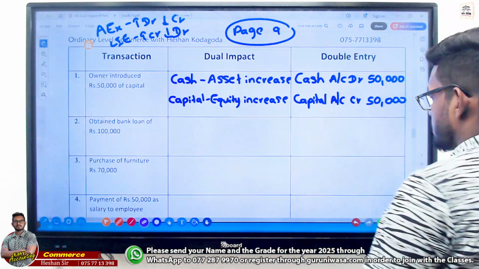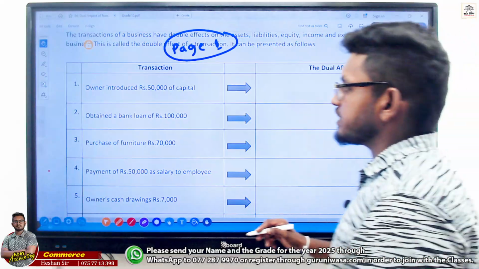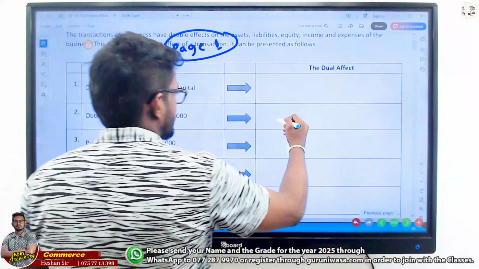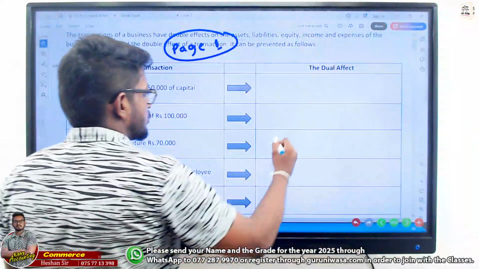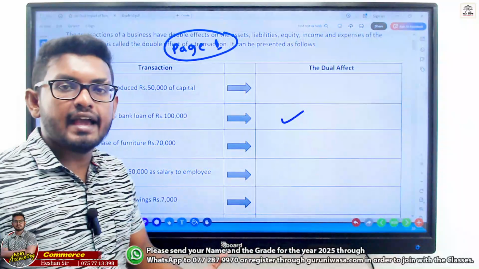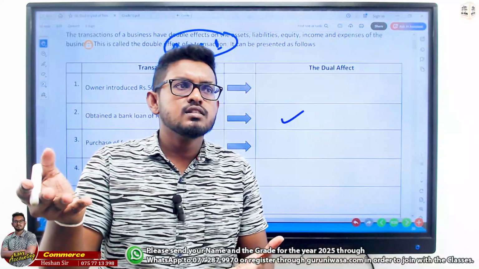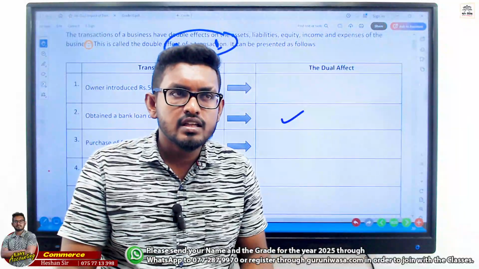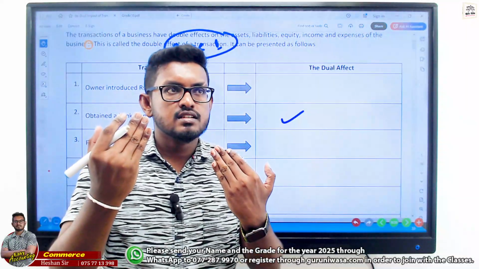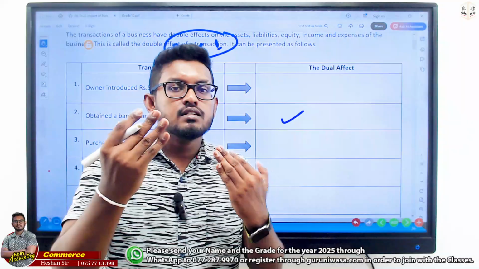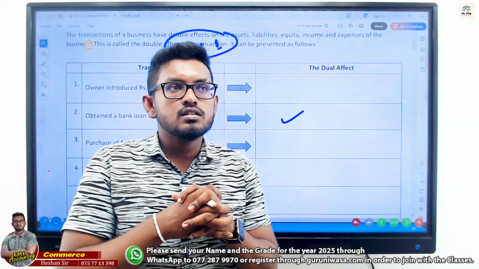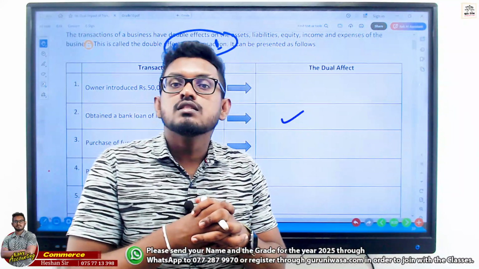Right. Number 2, in this chart we wrote obtain a bank loan. Last week we wrote what is the dual impact? When we obtain a bank loan, I want the answers. Unmute and tell me. When we obtain a bank loan, cash asset increase. Then other one, bank loan liability increase.